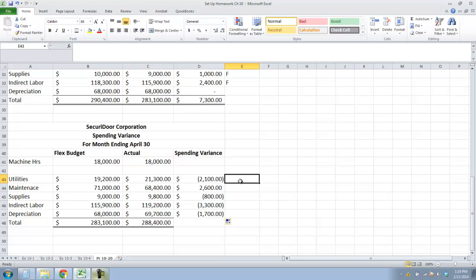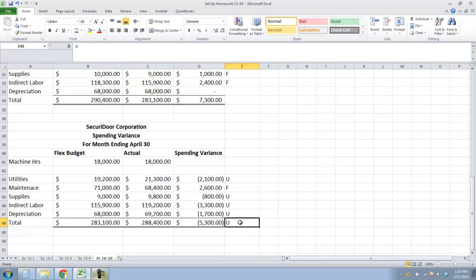So this is unfavorable. This is a favorable, and the rest are unfavorable. Add this up. And we have an unfavorable spending variance of $5,300.